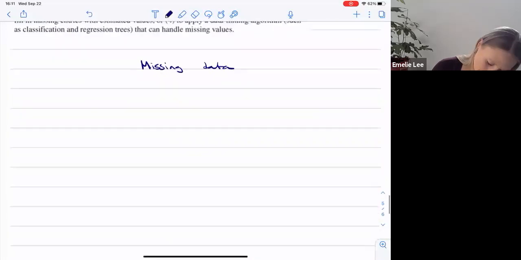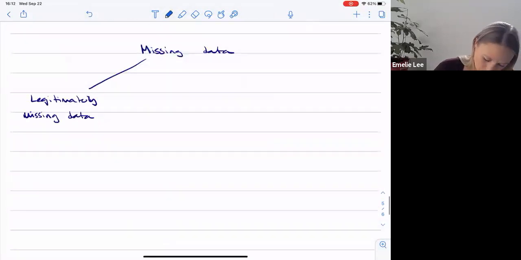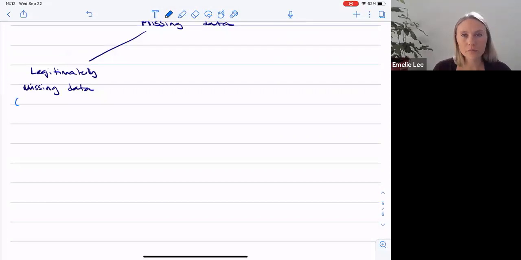If we have missing data, we could have legitimately missing data. Right, and so probably a not applicable option should have been given, right?